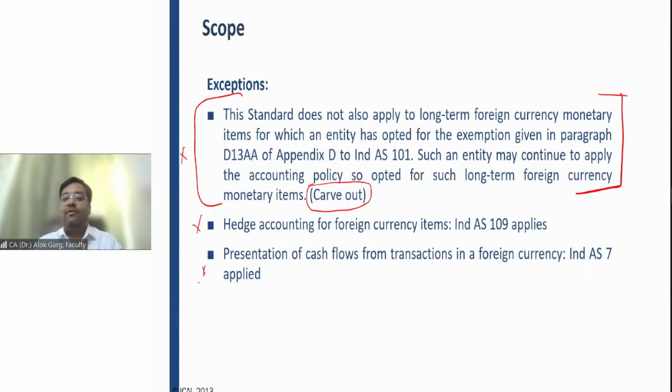Presentation of cash flow from transaction in a foreign currency. If you have done any transaction in foreign currency, how to present those transactions in the cash flow statement? That kind of guidance is given under Ind AS 7, not under Ind AS 21. Okay.